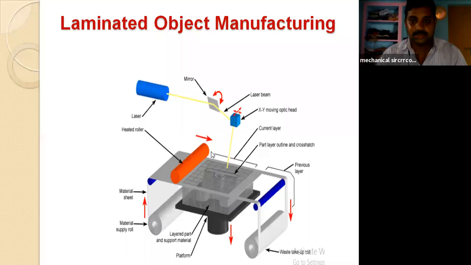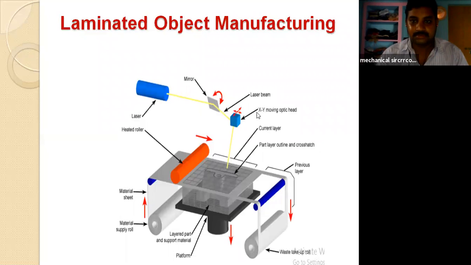See in detail, this particular diagram will give information in detail, and here it's the waste roller, and this orange color is a heated roller, and from this source the laser is supplied with XY movement and directions.